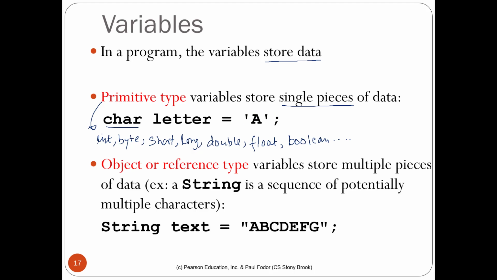Good. Similarly, if I create a variable, let me say double y is equal to 3.45. So what is happening here? y has one piece of information, which is a decimal value of 3.45. So in the primitive data types, you will have a single piece of information.